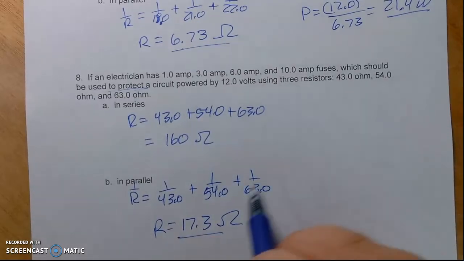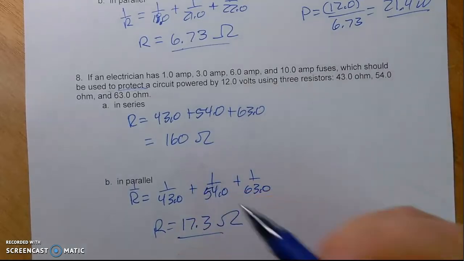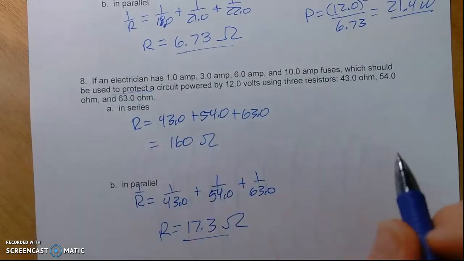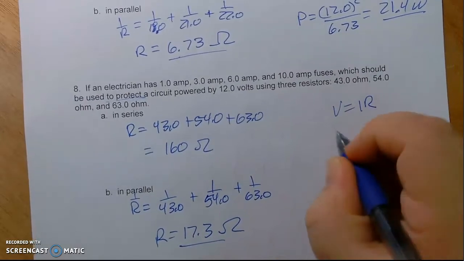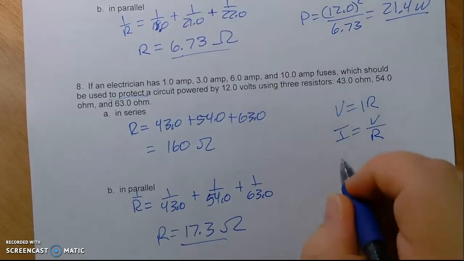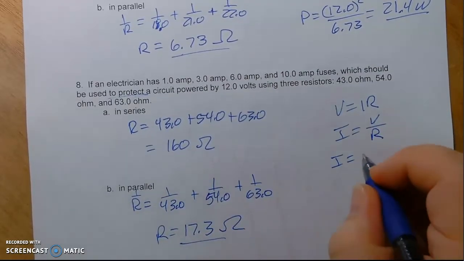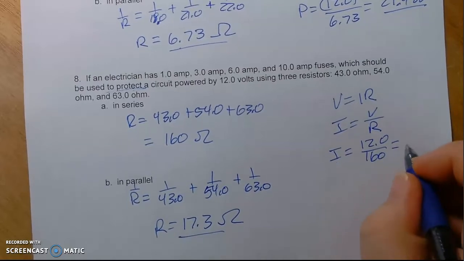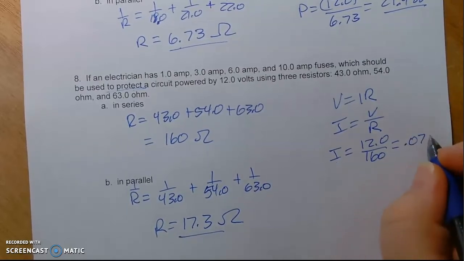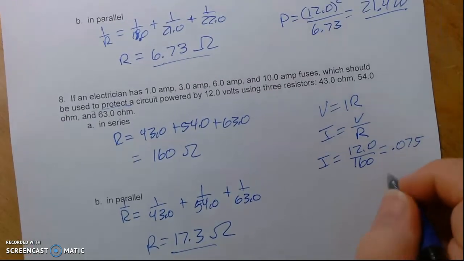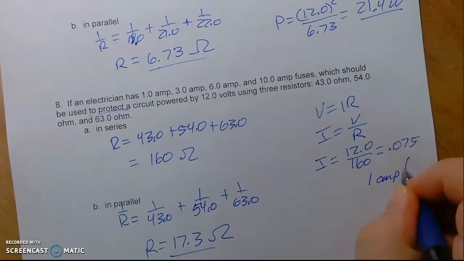To figure out which fuse we need, we need to figure out the current being drawn. We have the voltage from the battery and the resistance, so that's just V equals IR. We solve for the current by dividing voltage by resistance. For the top one, 12 divided by 160 gives us 0.075. That's way low, so that's going to be a 1 amp fuse.